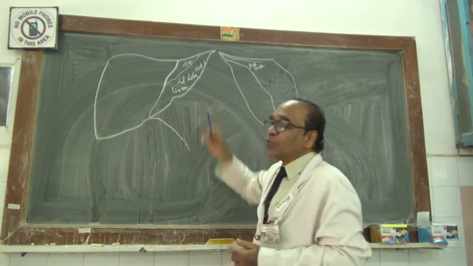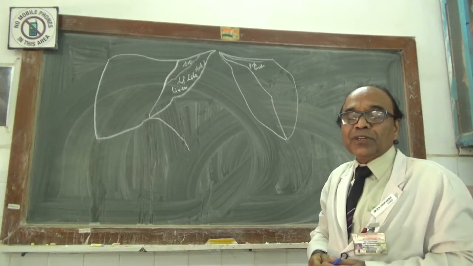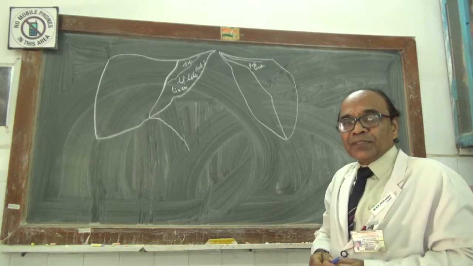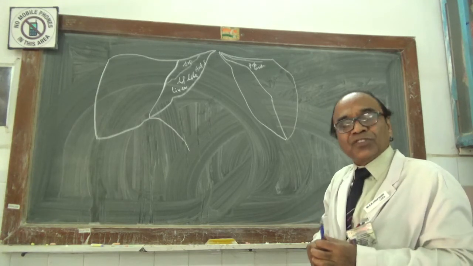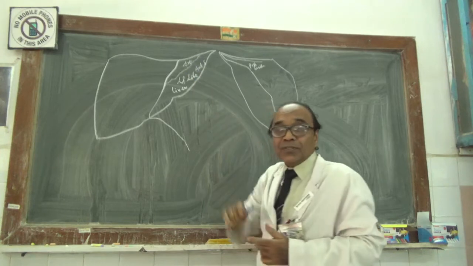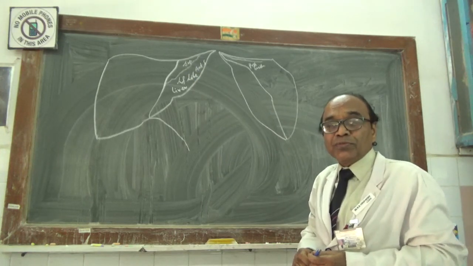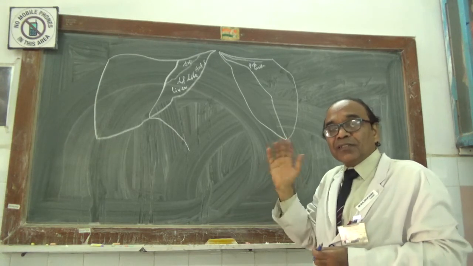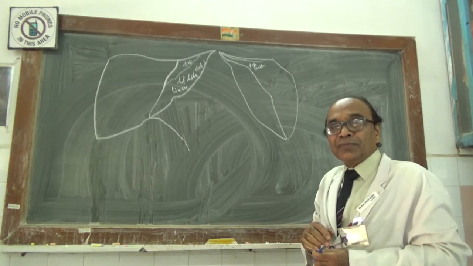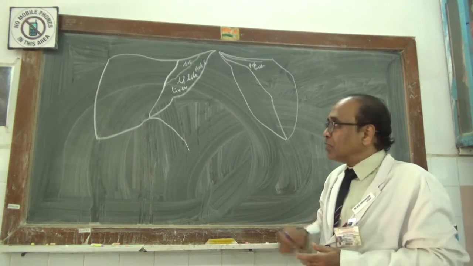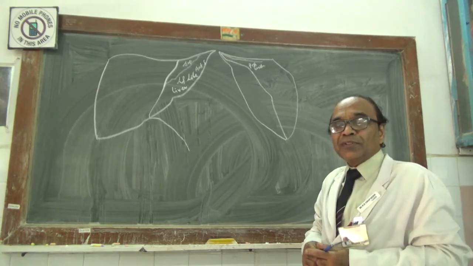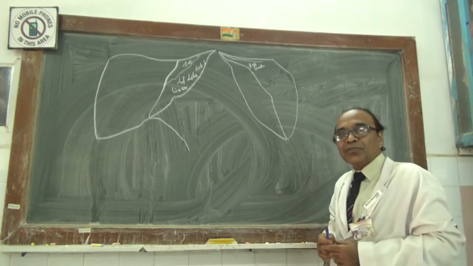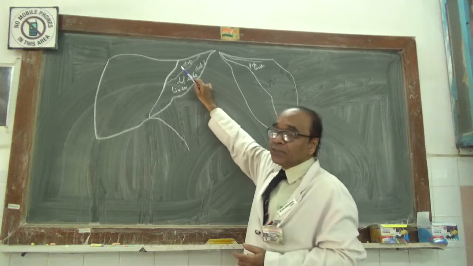Superior surface of the left lobe of the liver is the one which will be completely directing upward, and it is smooth, glistening, shiny. Now this superior surface of the left lobe of the liver will be completely covered, like the other surfaces of the liver in general, and in particular the diaphragmatic surface of the right lobe of the liver, as well as the anterior surface and the posterior surface of the left lobe of the liver.